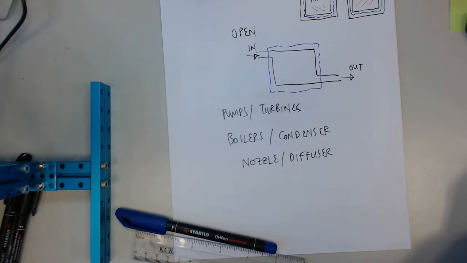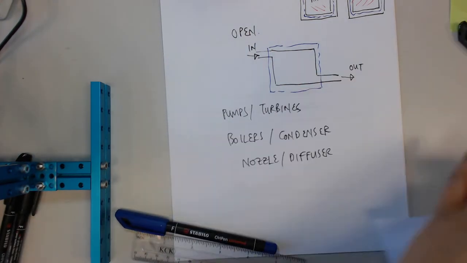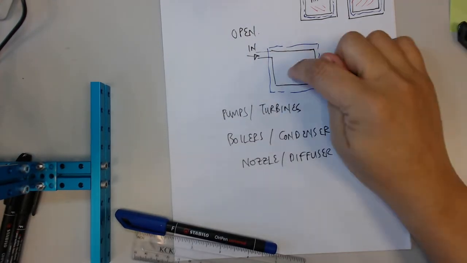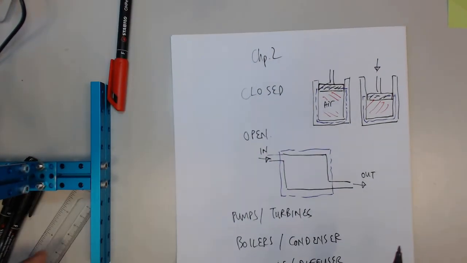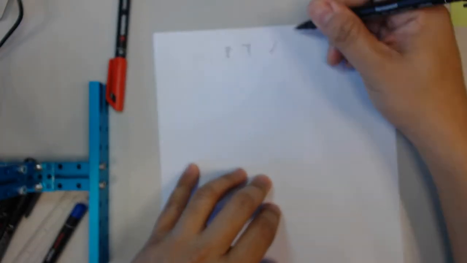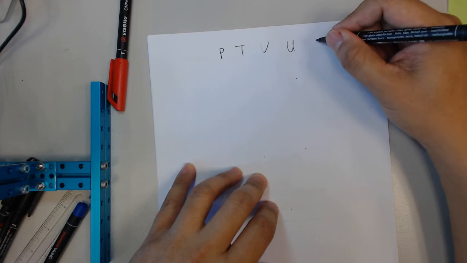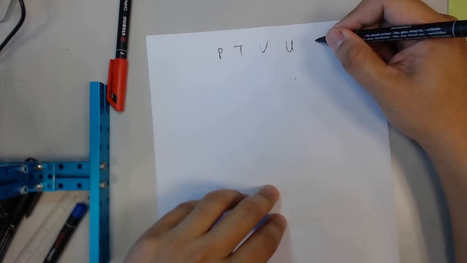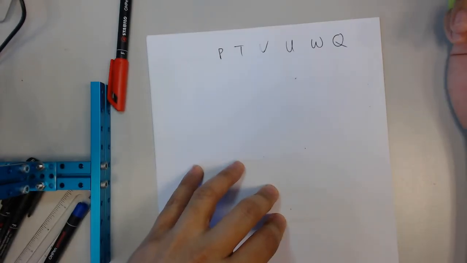Okay, so the question is, what do we want to know about the system? Well, we want to know things like pressure, temperature, volume, and its internal energy, and as it goes through the system, what kind of work is being done, or what kind of heat is being transferred.